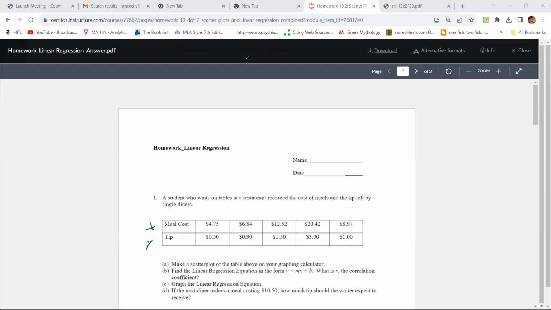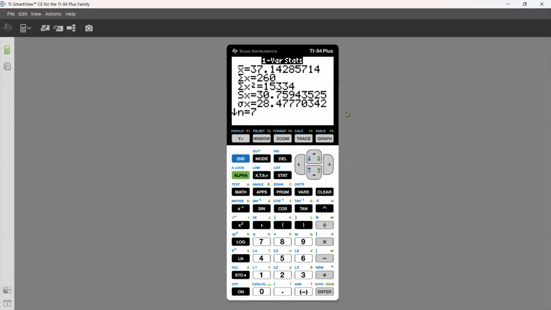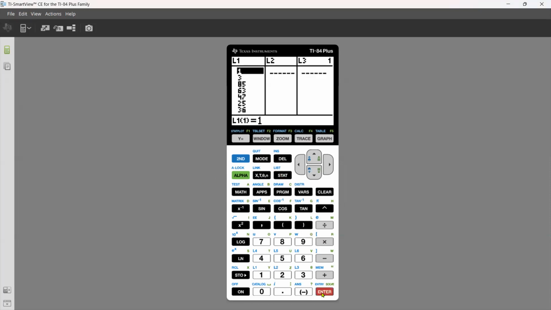Before we can answer any of the questions, I'm going to share my calculator at this time, and I'm going to clear the screen. I'm going to go to stat so I can enter my data into the calculator. So now go to stat, go to edit, just like we normally would.